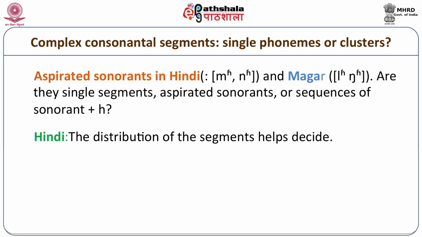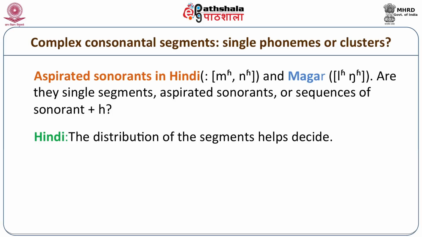Now, when it comes to the nasals, it is not very certain whether we should treat the aspirated nasals, also the aspirated lateral, as a single phoneme or a complex of two phonemes. The evidence that can be brought to bear here is the distribution.